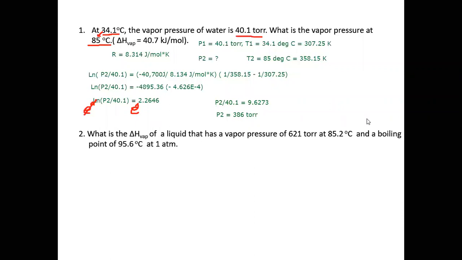So what I did is, to get the 9.6273, I did second ln on my calculator. I typed in 2.2646, and that gives me what the exponential of 2.2646 is. And then I multiply that 9.6273 by 40.1 to get 386 torr.